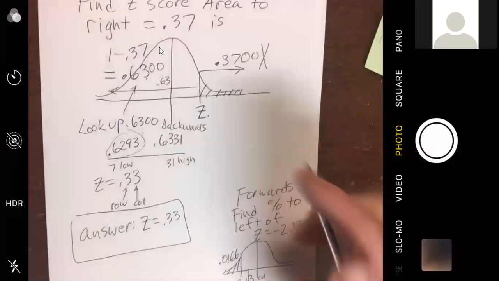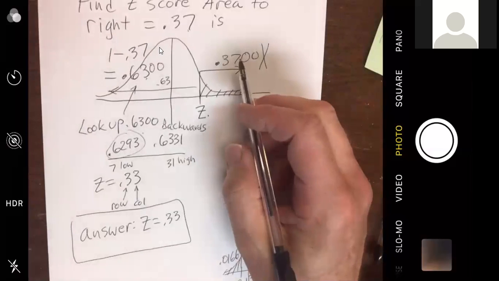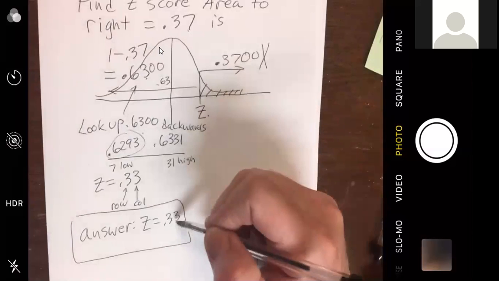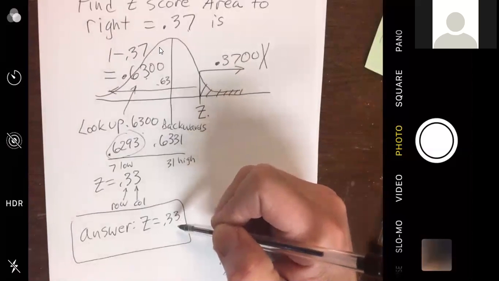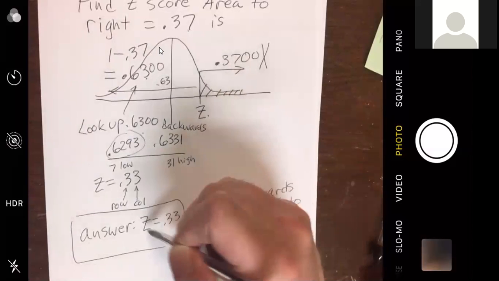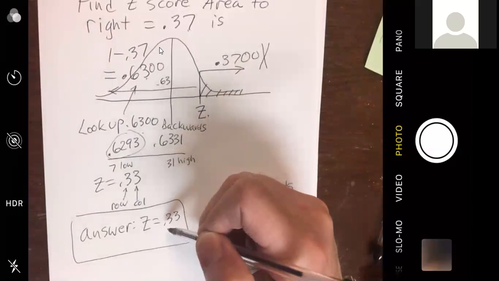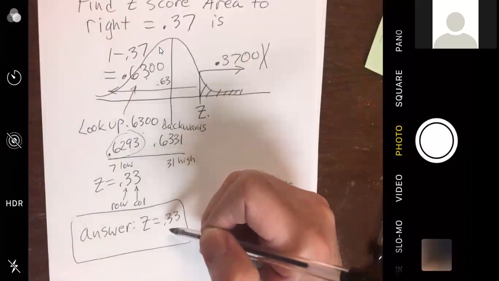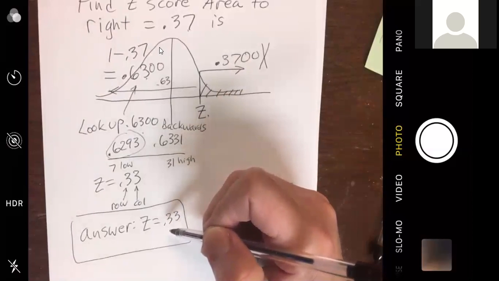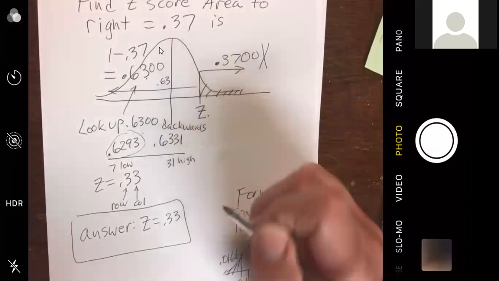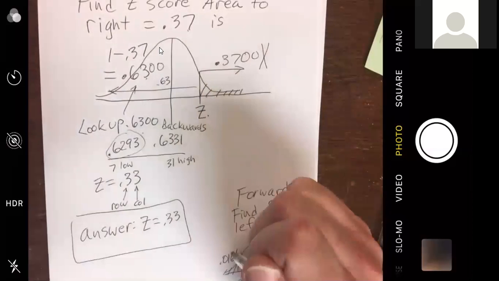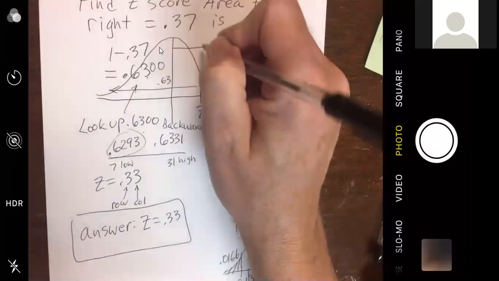If I had looked up 0.37, I can prove it to you, I'd have got negative 0.33. And that's a big problem because next week we're going to be plugging these z-scores into formulas. If you plug in the wrong sign, you're going to screw it all up. That's why the picture is so important. We want a positive z for this one. Because remember, there's 0.5 to either side.